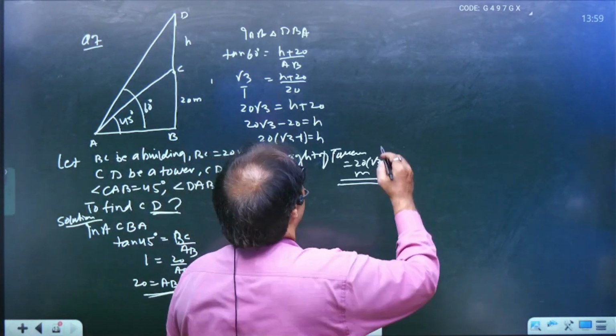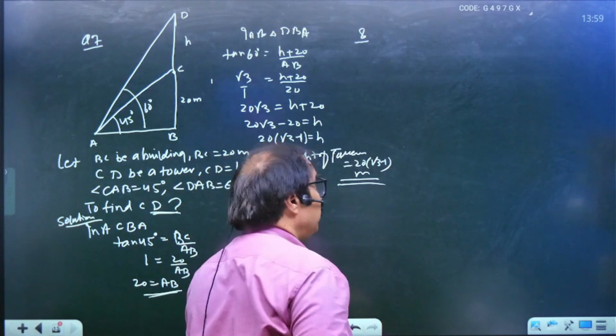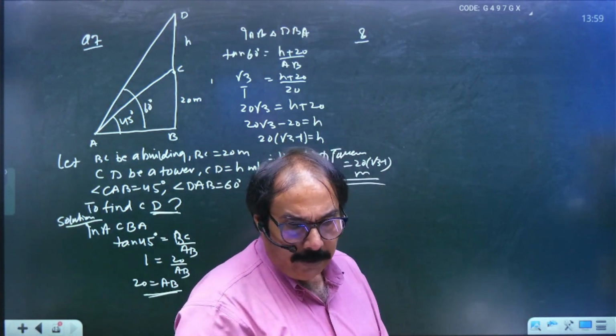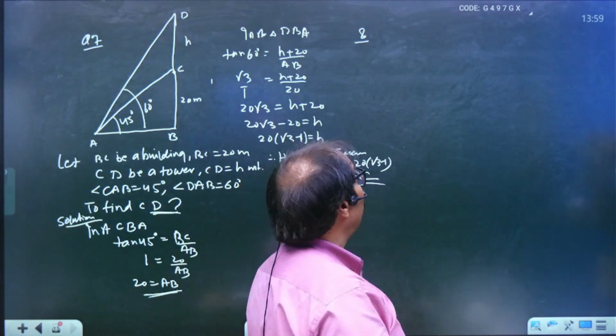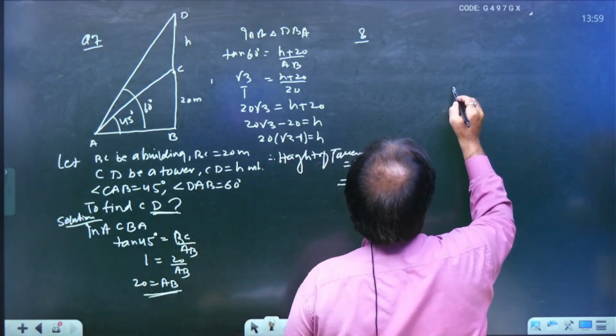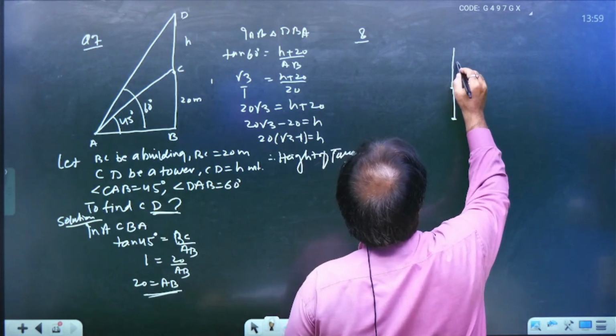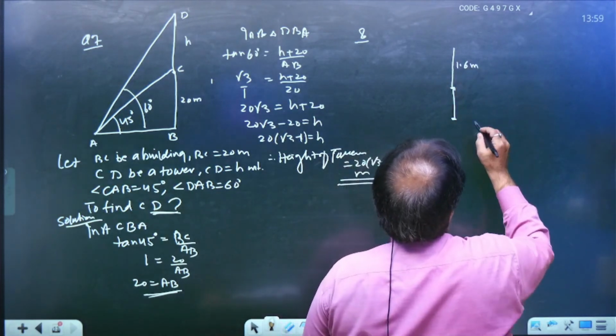Now question number 8. Question number 8 says a statue 1.6 meter tall stands on the top of a pedestal. So suppose this is the pedestal and a statue whose height is given 1.6 meter.